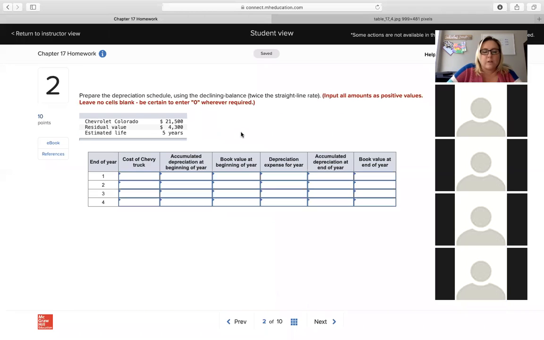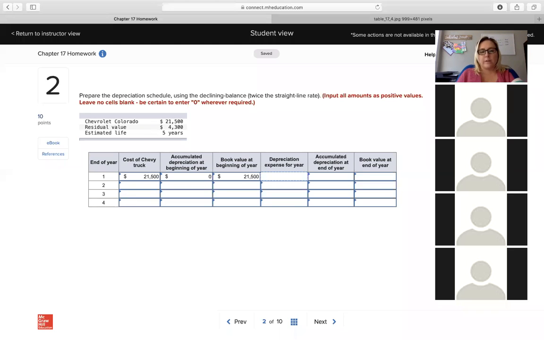Now, declining balance is different. That's what we talked about in today's lecture. In this example, our cost is $21,500. It's the first year, so at the beginning of the year, we have not taken any depreciation. Our book value at the beginning of the year is equal to our cost. We have to determine our depreciation expense. The estimated life is 5 years, which means we took 1/5 each year in straight line, or 20%.